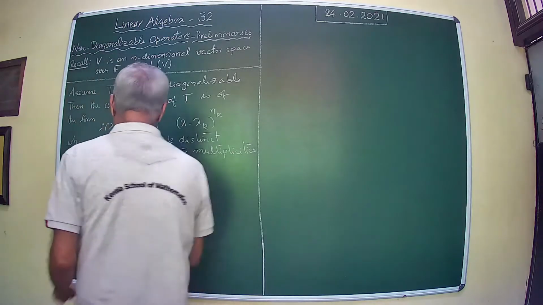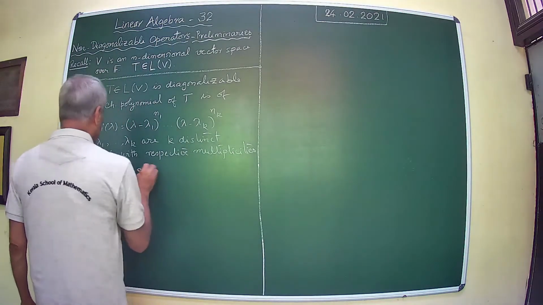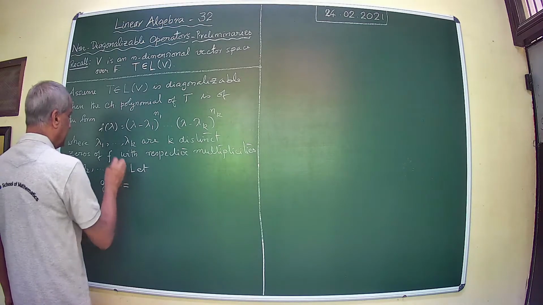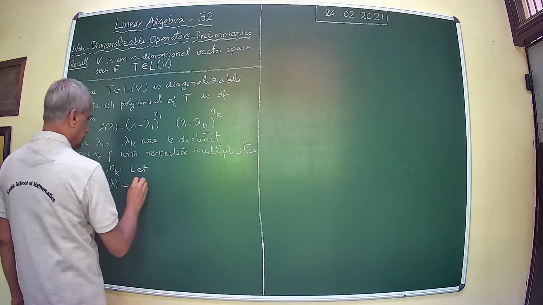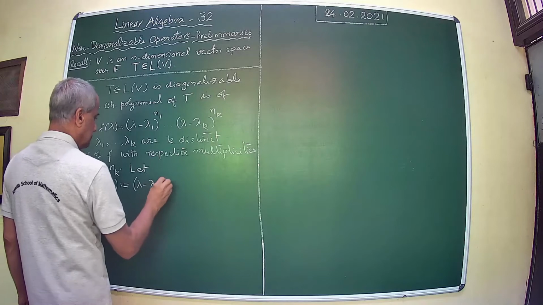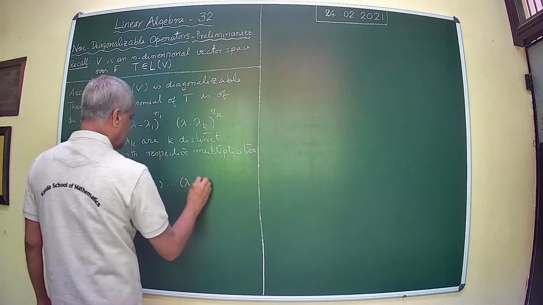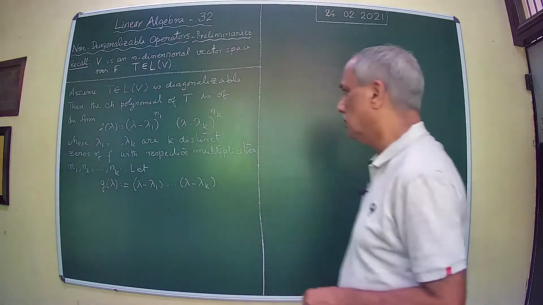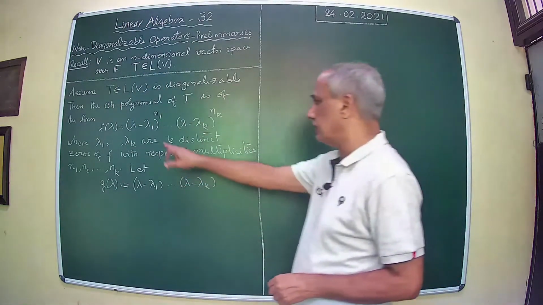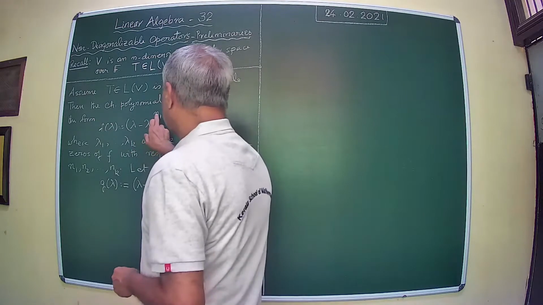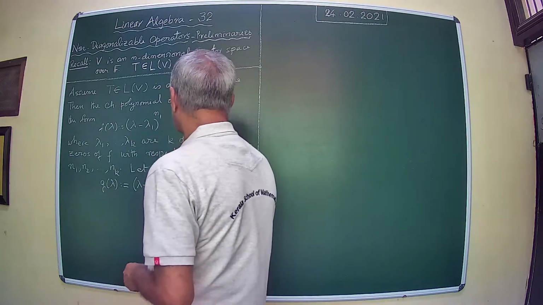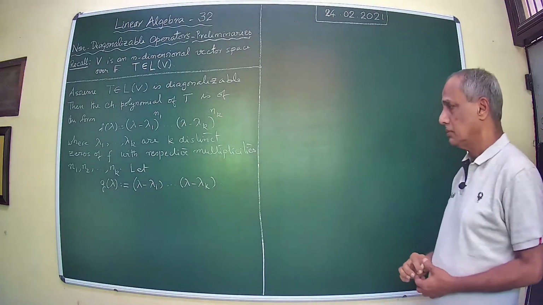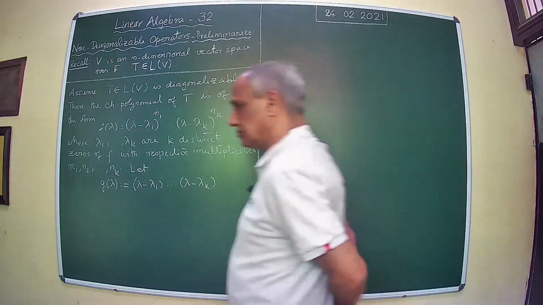So let g of lambda be defined by the product of the simple factors (lambda minus lambda i), that means we are keeping the exponents to 1. That's the simple linear product.